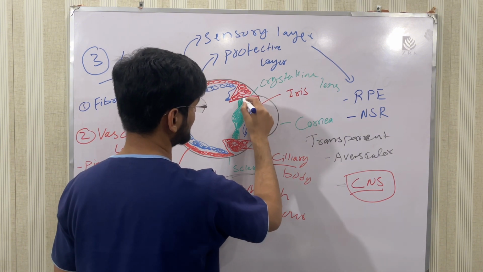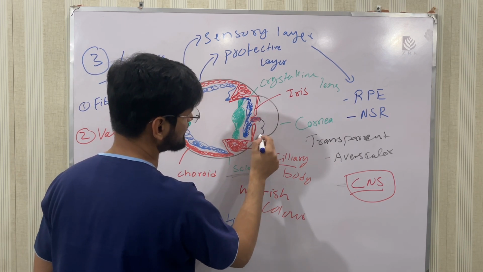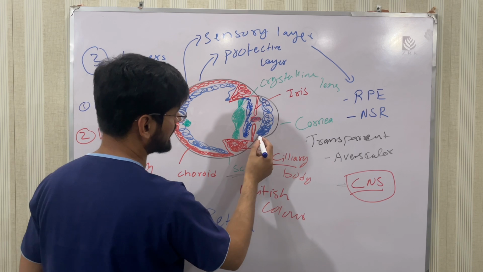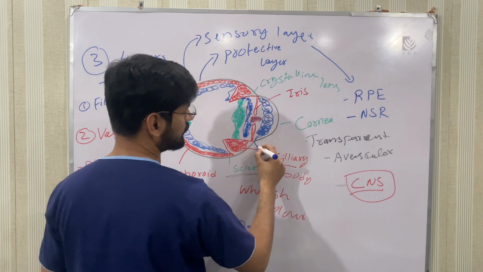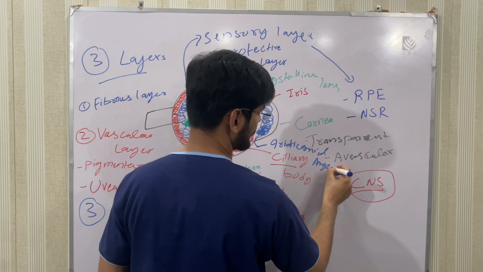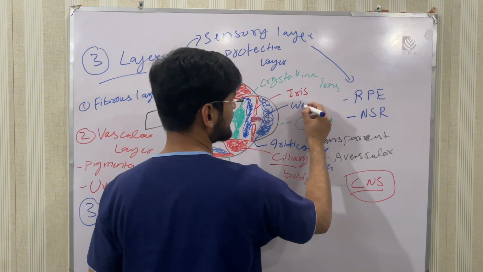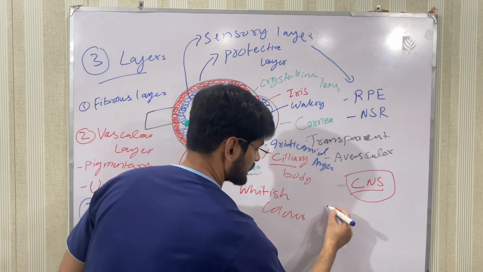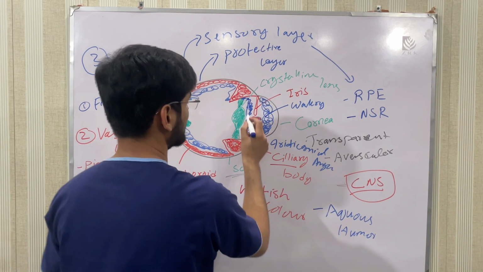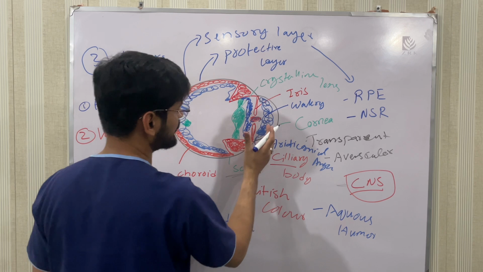The ciliary body produces aqueous humor, which provides nutrition to the lens and travels from the pupillary area into the anterior chamber.